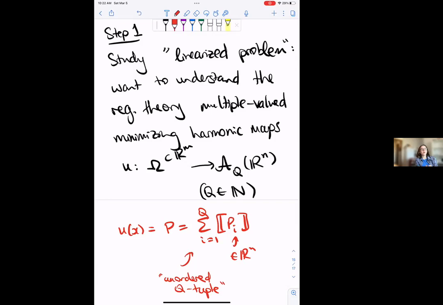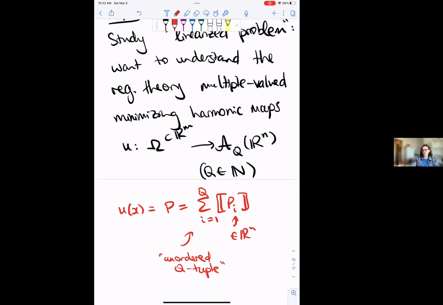So that would be an example of a two-valued map. That's really what you should be thinking about: maps that take these Q values all at once, which you can't decouple, and you also don't care about how you commute these values.